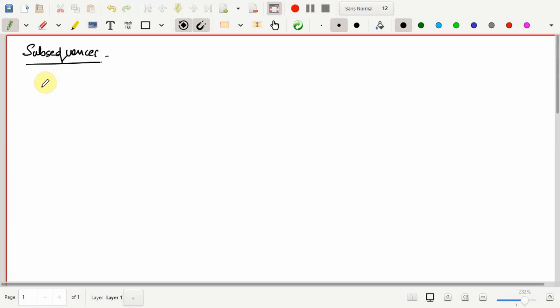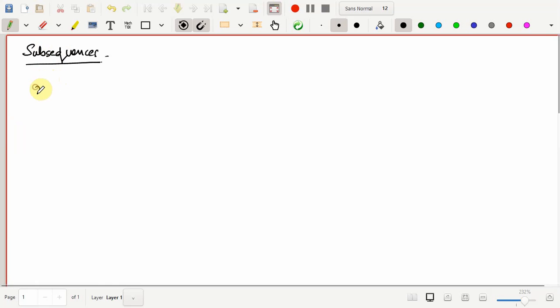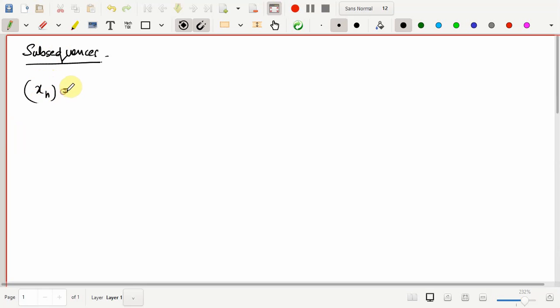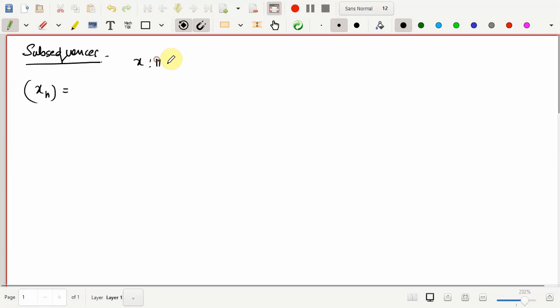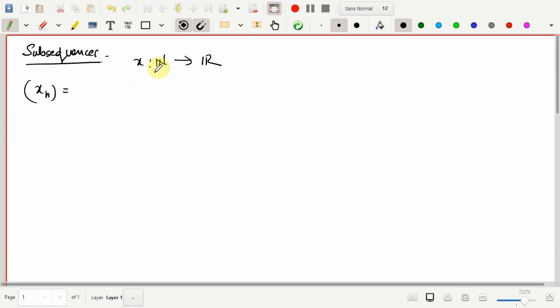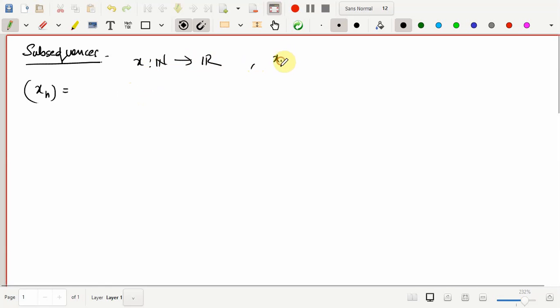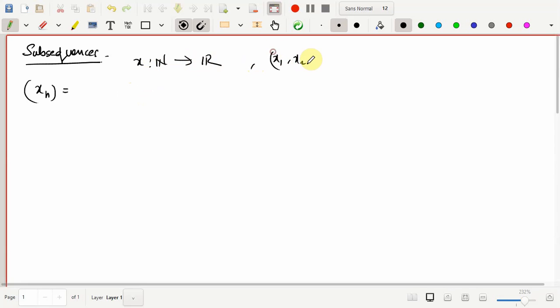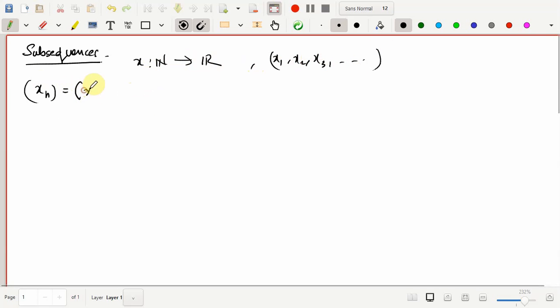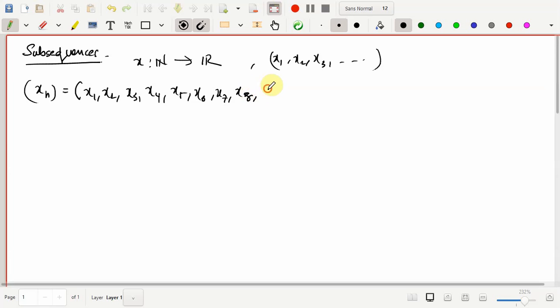If we have a sequence, say xn, basically a sequence is a function from the set of natural numbers to the real numbers. We denote it in this way: x1, x2, x3, x4, x5, x6, x7, x8, x9, and this goes on.